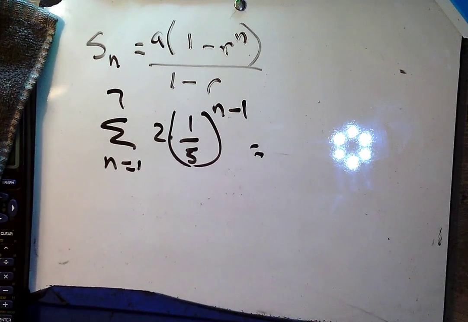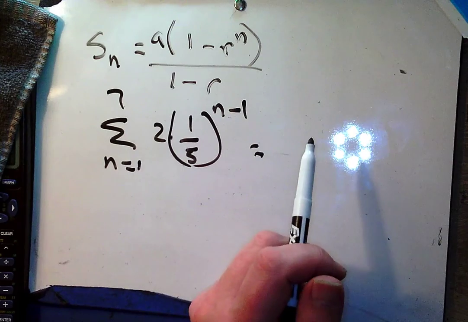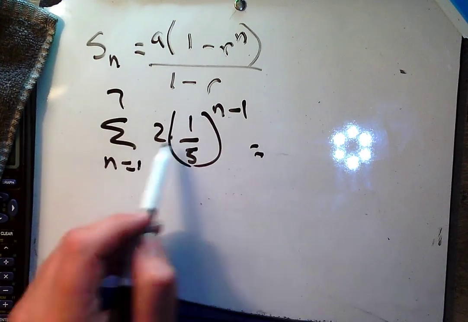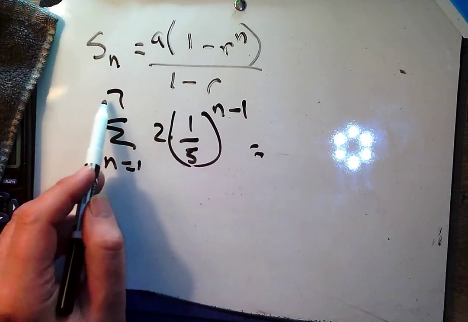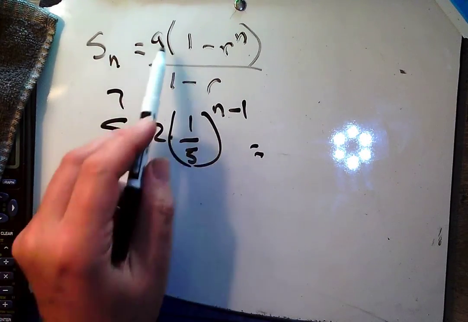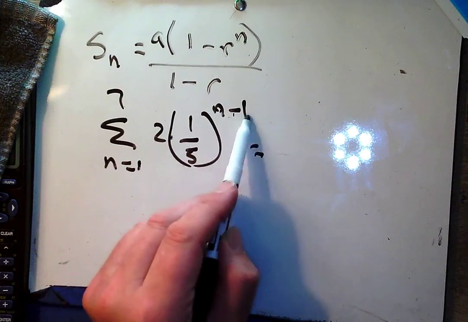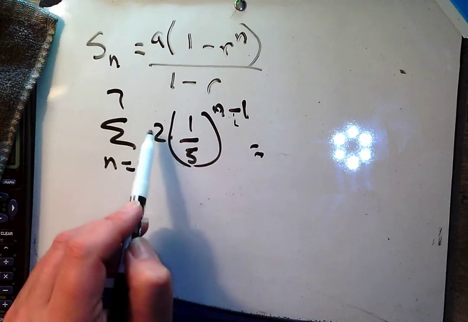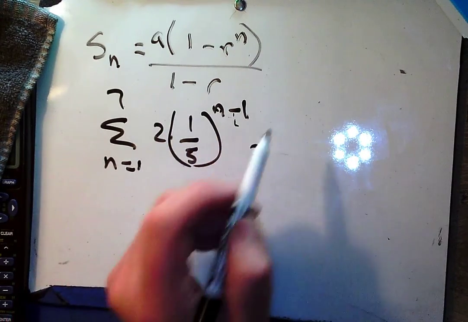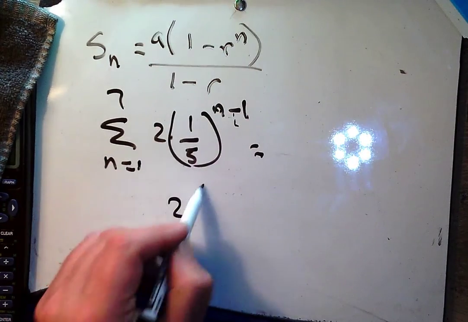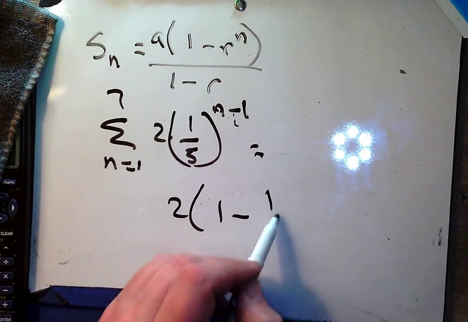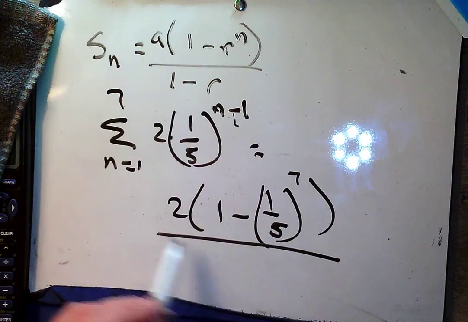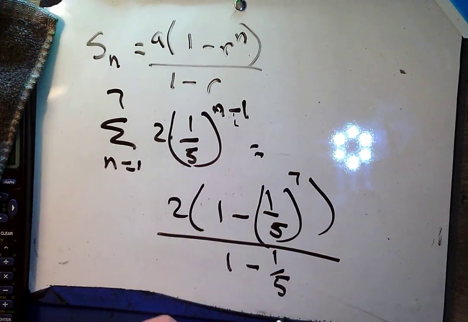Okay, so we have another geometric sum. We want the sum of the first 7. A sub 1. If I plug in a 1 here, 1 minus 1 is 0. 1/5 to the 0 is 1 times 2 is 2. So I'm going to have 2, 1 minus 1/5 to the 7th over 1 minus 1/5.